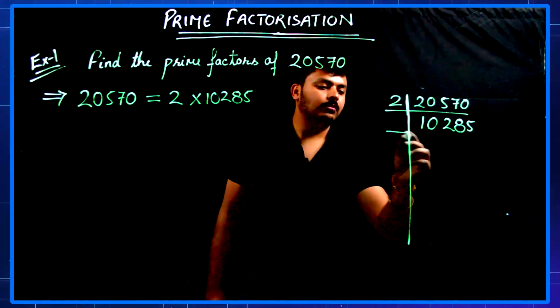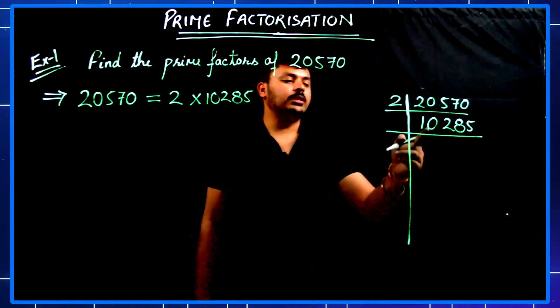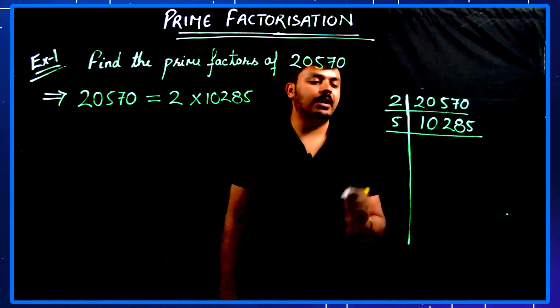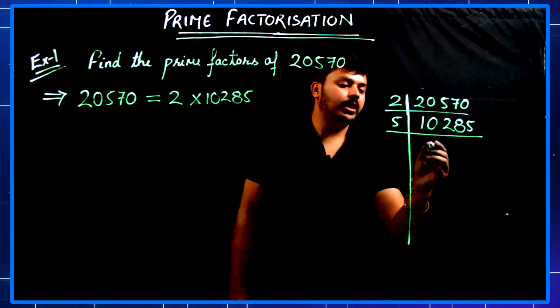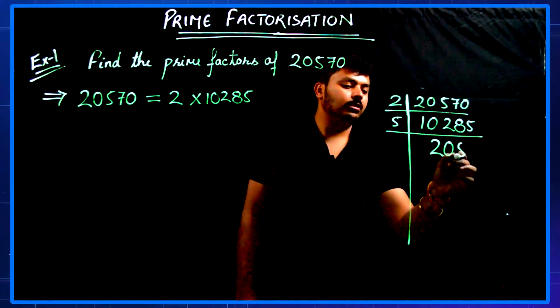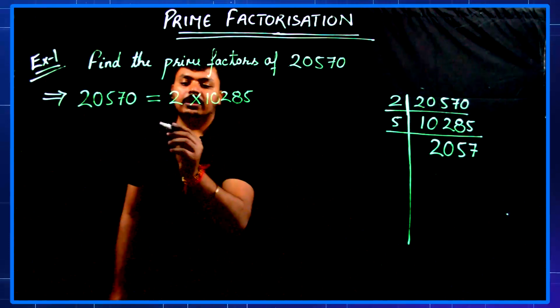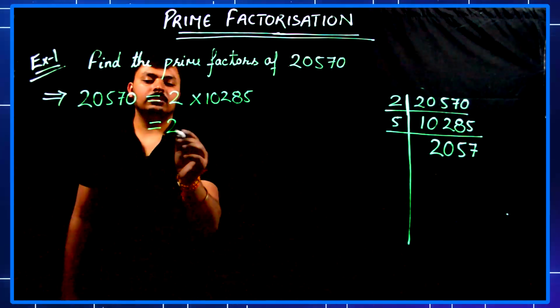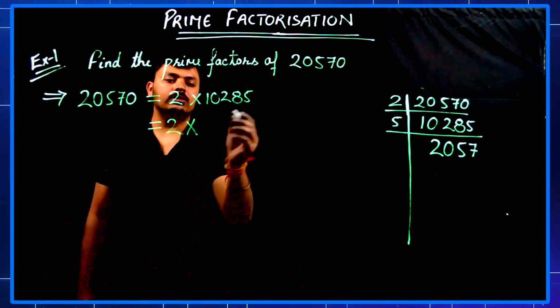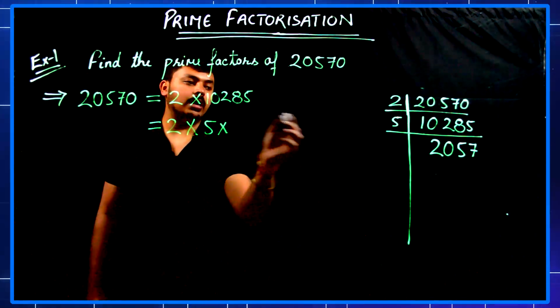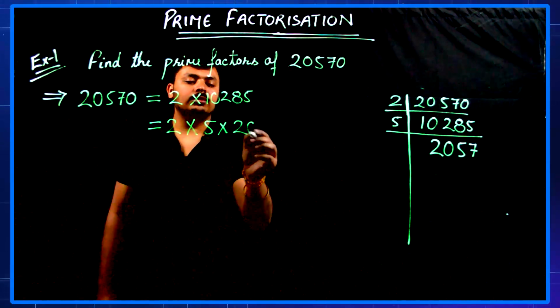Now again, let's divide 10,285 by 5 as it is a prime number. So we get 2057. So we can write further and split 10,285 as 5 multiplied by 2057.